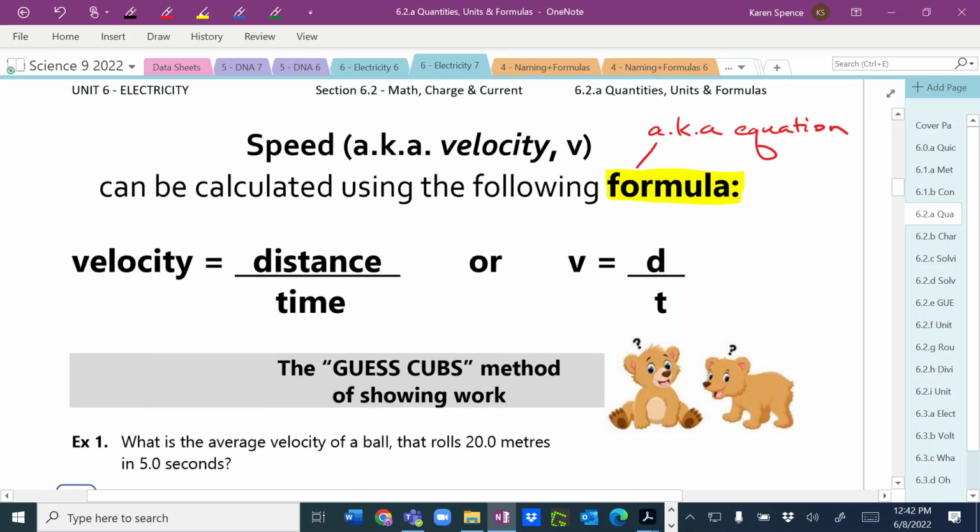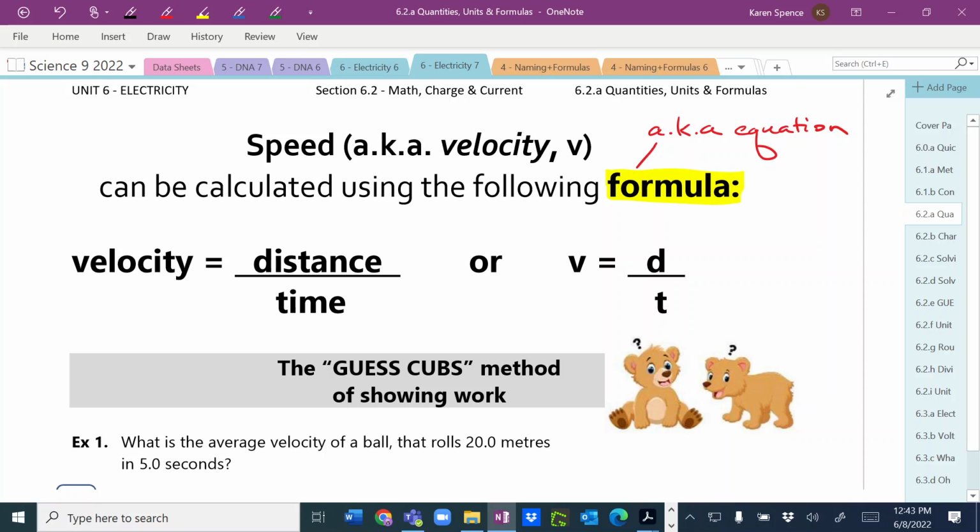How many of you have seen something like this before? You may not have heard the word velocity, but maybe you heard it as speed. Have you guys done speed calculations? Speed is the distance over the time. So in physics, they don't call it speed, they call it velocity.